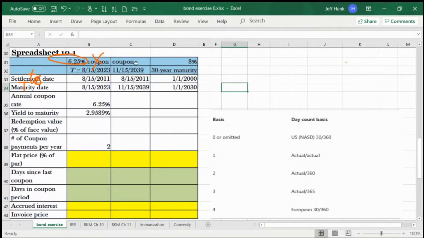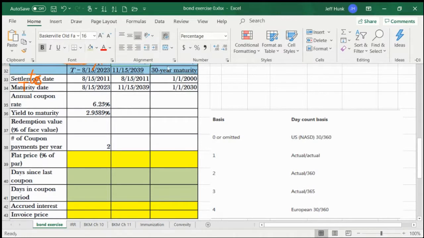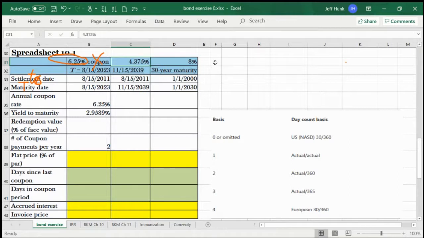This one, the coupon rate is 4.3, but it was originally 4.375 and it rounded it to 2 decimal places.